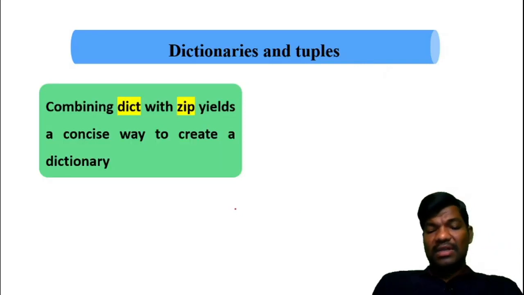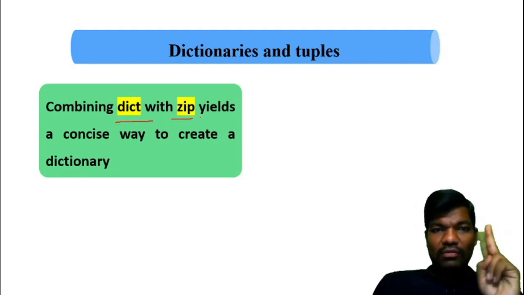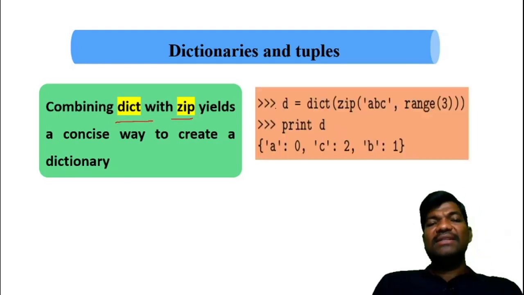Now coming to another one, combining dict and zip. We are using two functions. Consider one example, we are creating a dictionary by using the dict function and the zip function. By using zip we are combining a, b, c with range of 3. Range of 3 means 0, 1, 2.